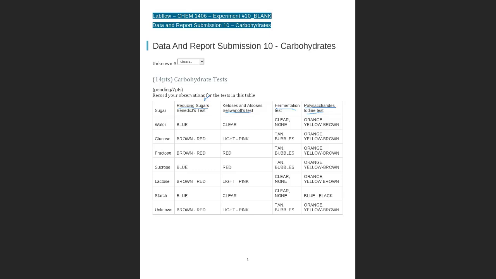You will compare all these 4 different reactions with different sugars and different carbohydrates, and depending on the color that you obtain, you will decide if it's a positive reaction or a negative reaction, and then they will give you an unknown. Since you are not in the lab, this data is given.